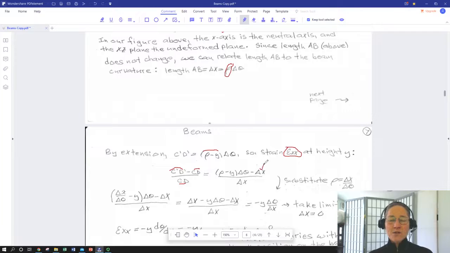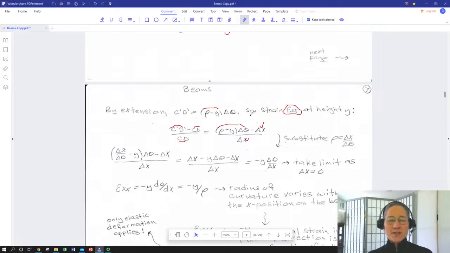Well, the original length was just delta x, and the new length is r delta theta, where our r is rho, the radius of curvature, minus y, our y position of our line CD. So we're going to do a little mathematical magic now and see if we can rearrange this expression into something super handy. We start by taking this value rho, our radius of curvature, and noticing we can redefine rho as delta x divided by delta theta.